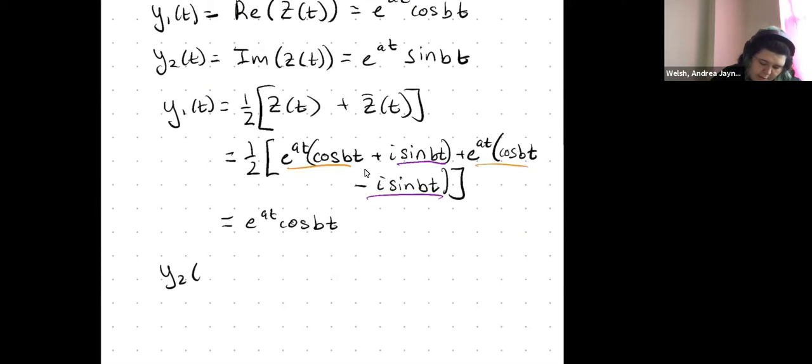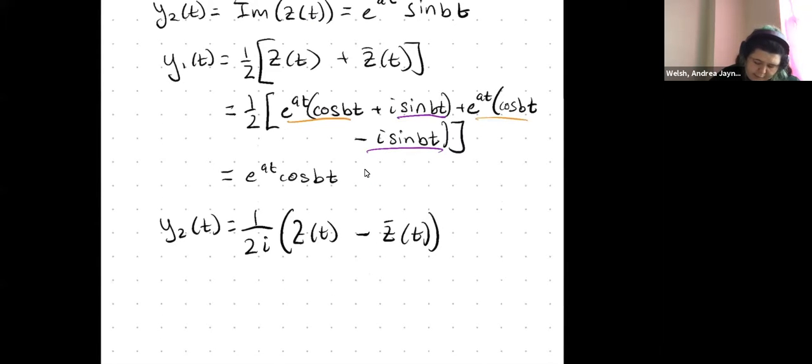And if we want to come up with our second solution as a function of z and z bar, we actually have 1 over 2i times z of t minus z bar of t. And similarly, when plugging this in, we're going to see that one of our terms is going to add up and the other term is going to cancel out.